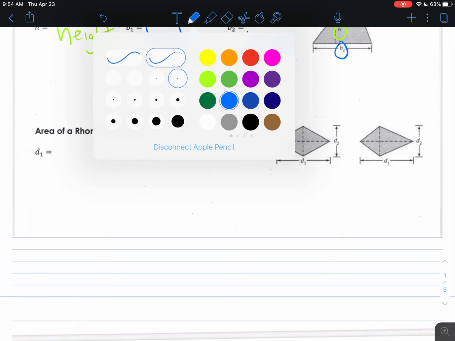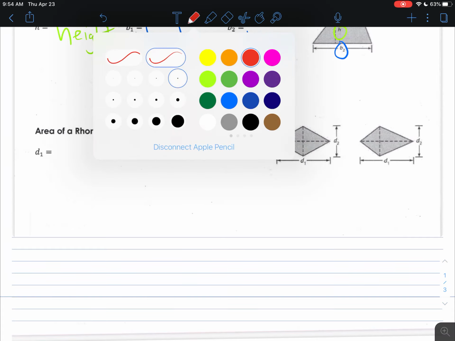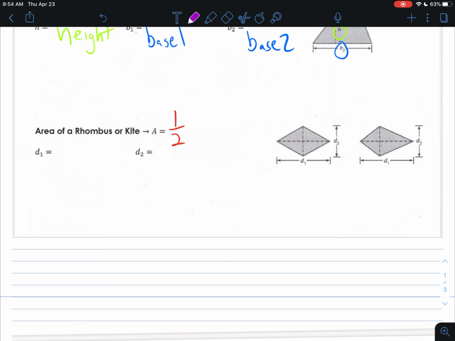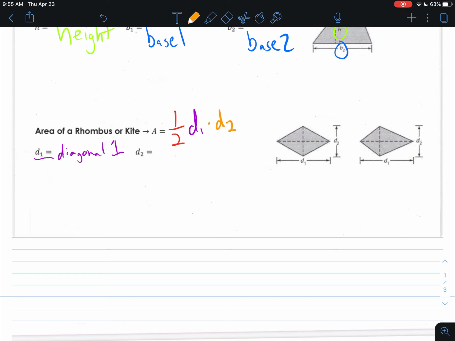So the formula is area equals 1/2, and then we'll go this color, times diagonal 1 times diagonal 2.